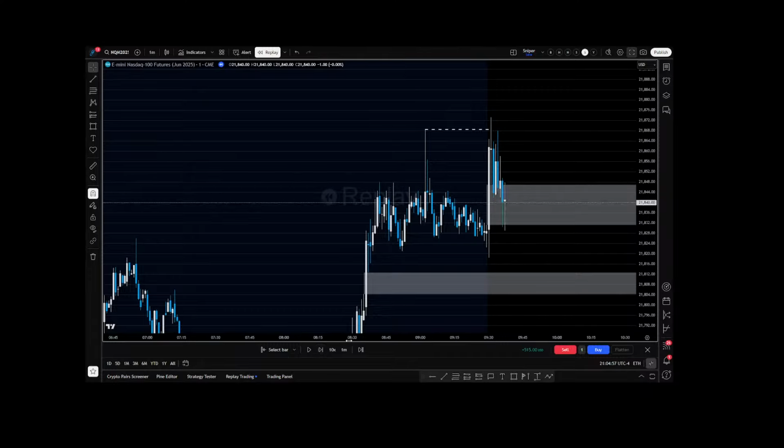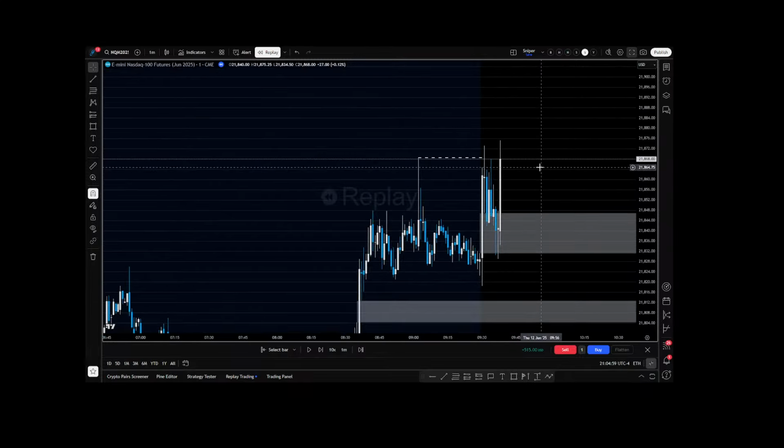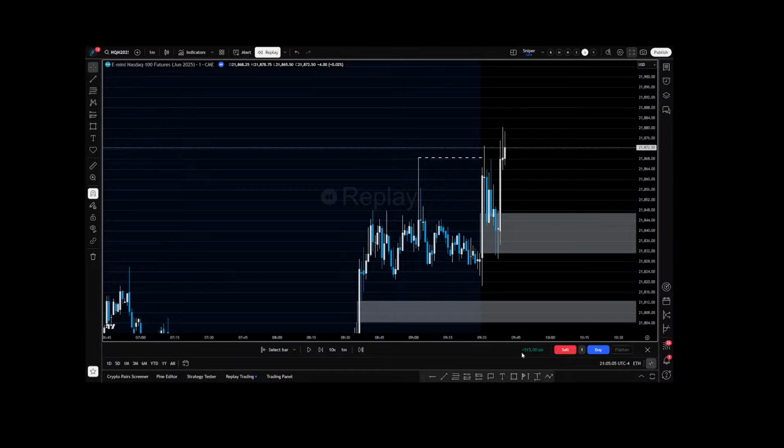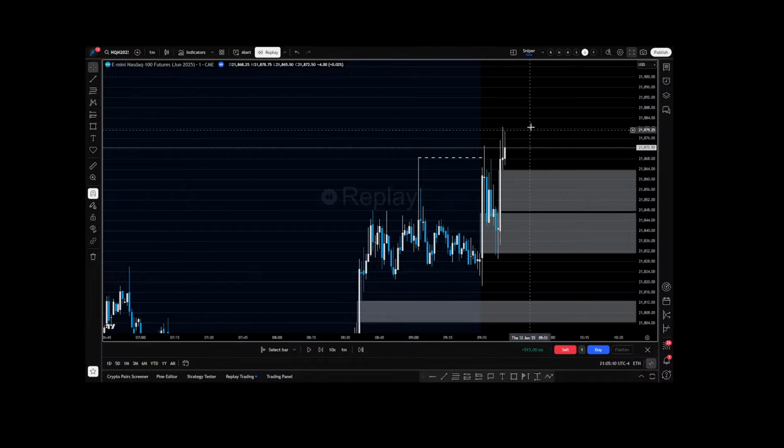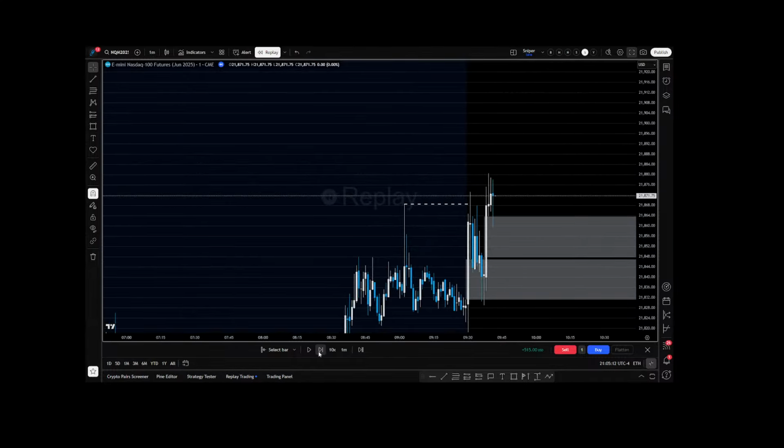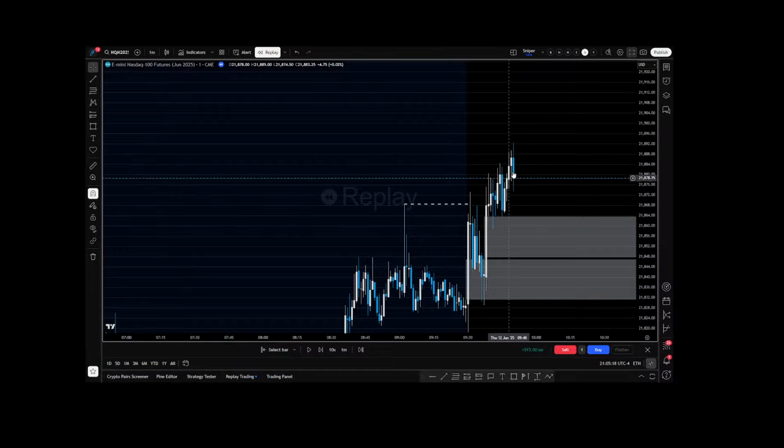Okay, a little bit of chop immediately off the open. Respecting this 1 minute, swept this high once again. All right, another large fair value gap has been formed. Very choppy. This is not what you want to see at the open.